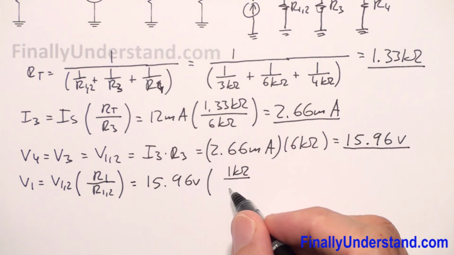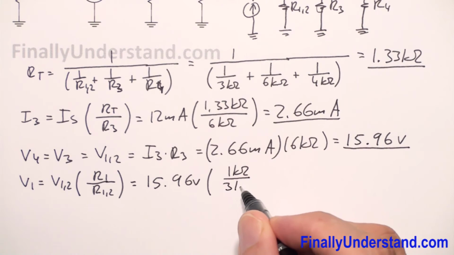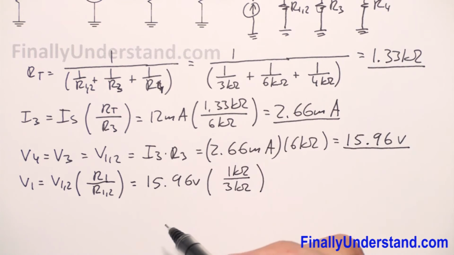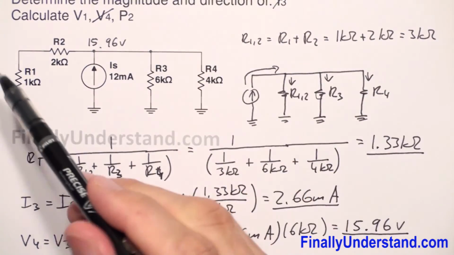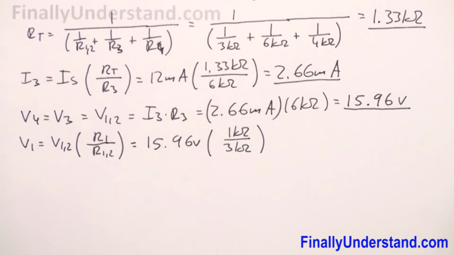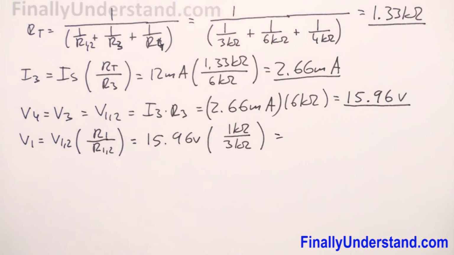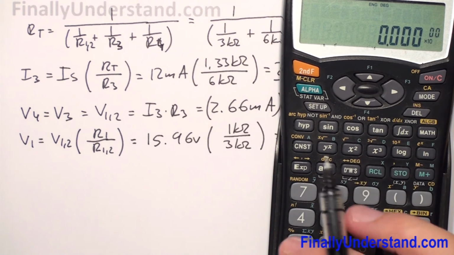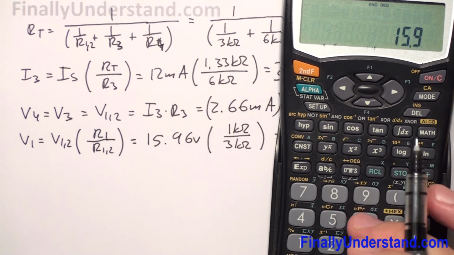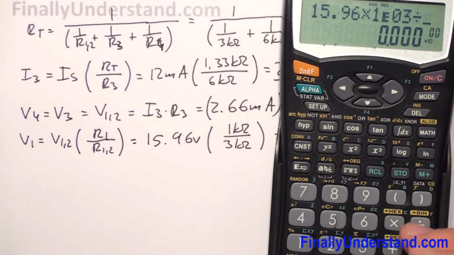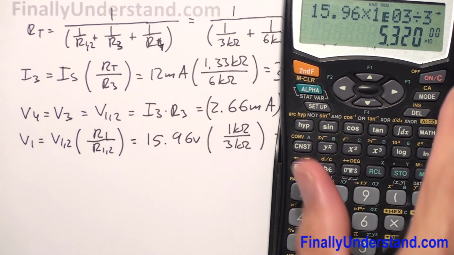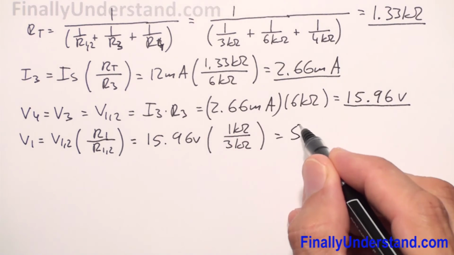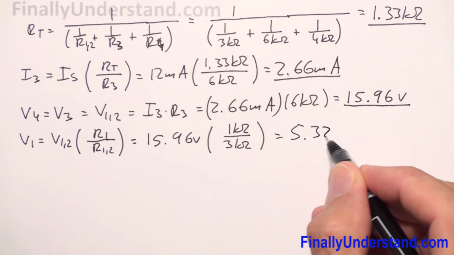R12 is equal to 3 kilo ohms, because R1 plus R2 is equal to 3 kilo ohms. So this is equal to 15.96 times 1 times 10^3 divided by 3 times 10^3. This is equal to 5.32 volts.